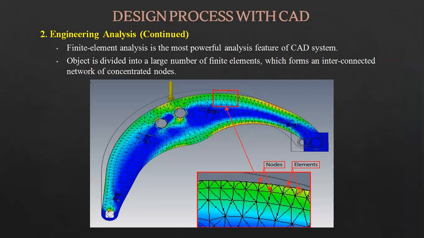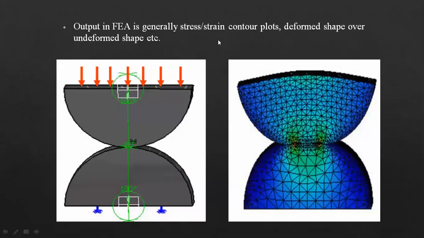But after that yellow arrow, you can see, that is a load. Because of that load, it has deformed. So you can even plot deformed or undeformed shape, right? You see here also. So that is another possibility in the output of FE, as far as the output of FE is concerned. Okay.